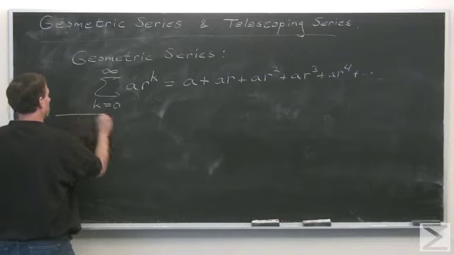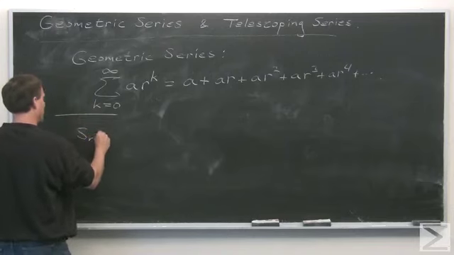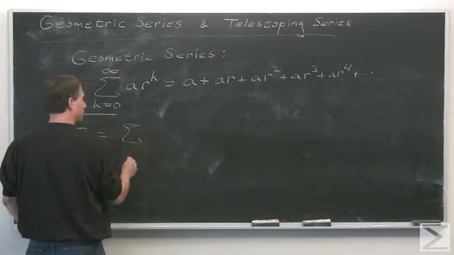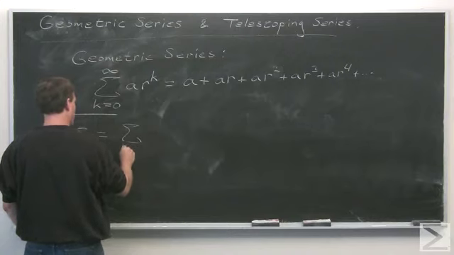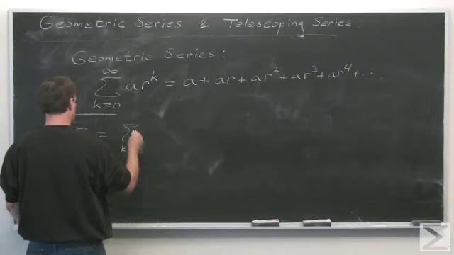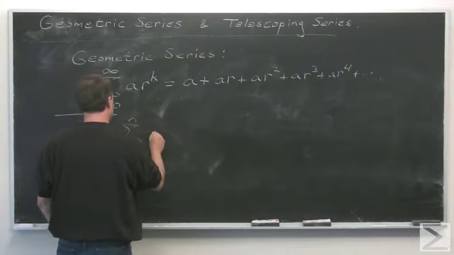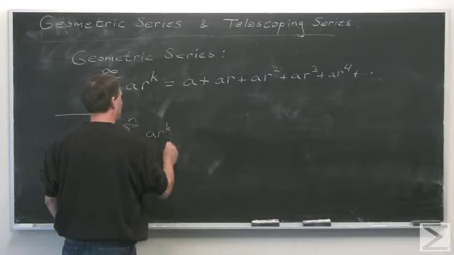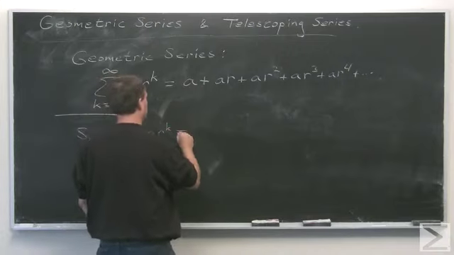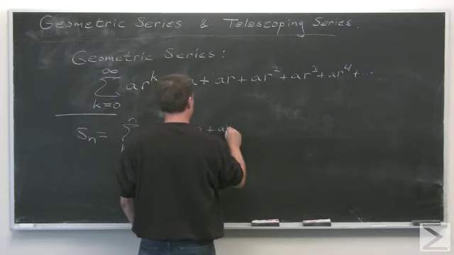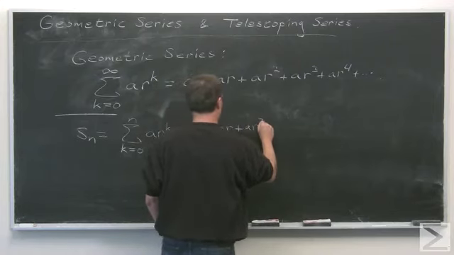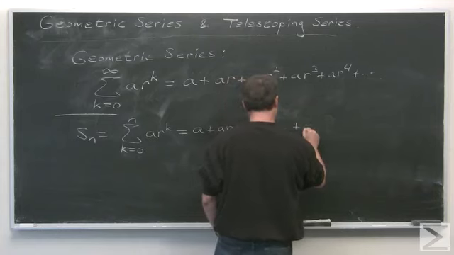The nth partial sum, or the partial sum out to the r to the n term, would be the sum as k goes from 0 to n of a r to the k. It would stop at r to the n.